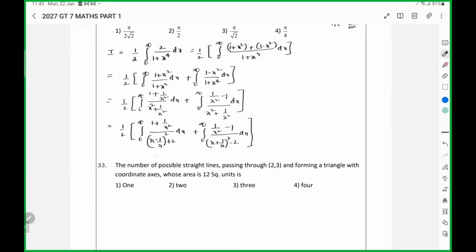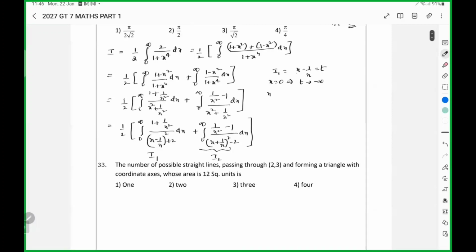Here are two integrals. I will write I1, I2. For I1, if you take t as x minus 1 by x, when x is 0, t approaches minus infinity, and when x is infinity, t approaches infinity.